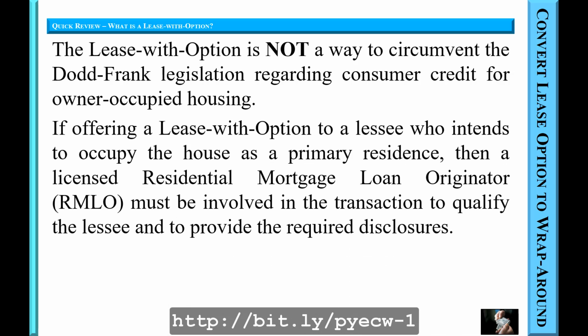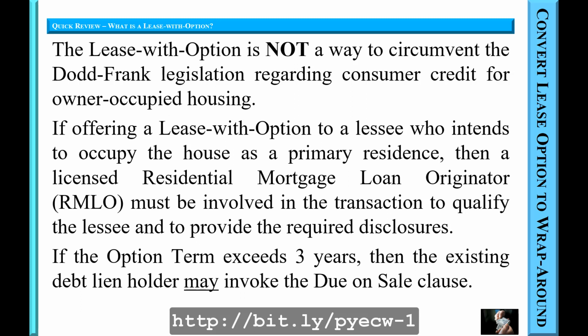If offering a lease with option to a lessee who intends to occupy the house as a primary residence, then a licensed residential mortgage loan originator must be involved in the transaction to qualify the lessee and to provide the required disclosures. If the option term exceeds 3 years, then the existing debt lien holder may invoke the due on sale clause.